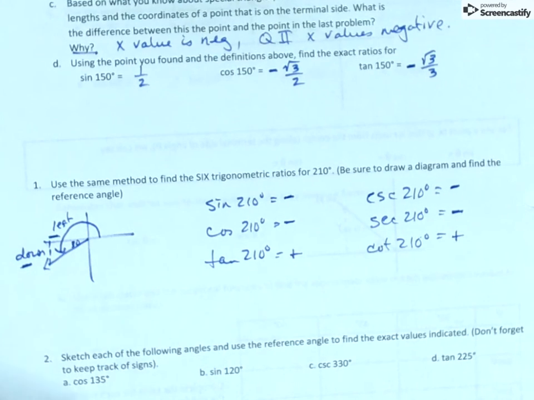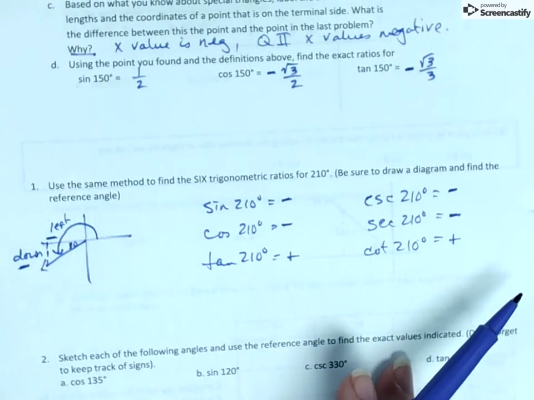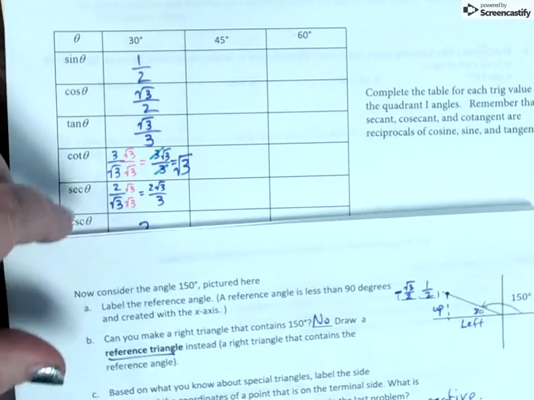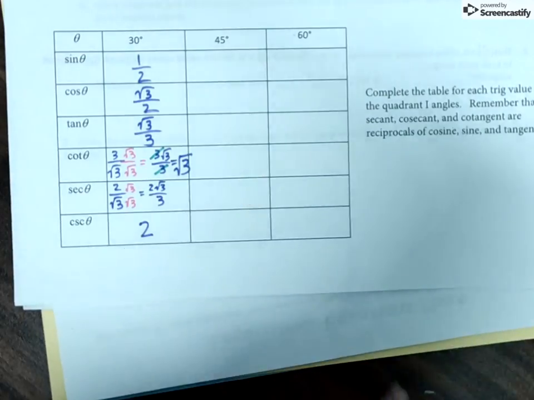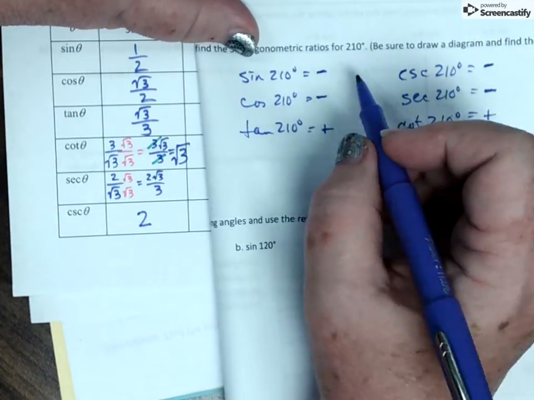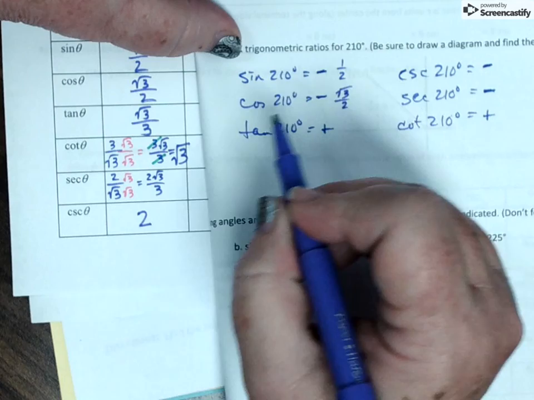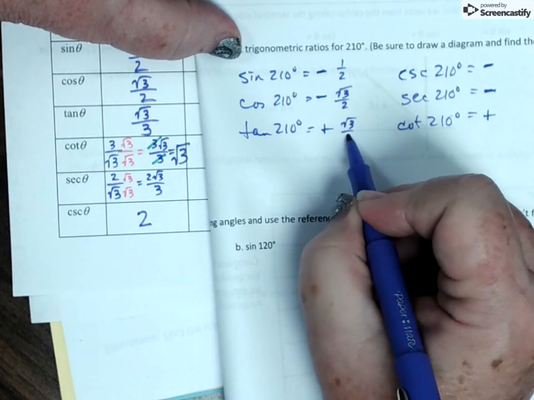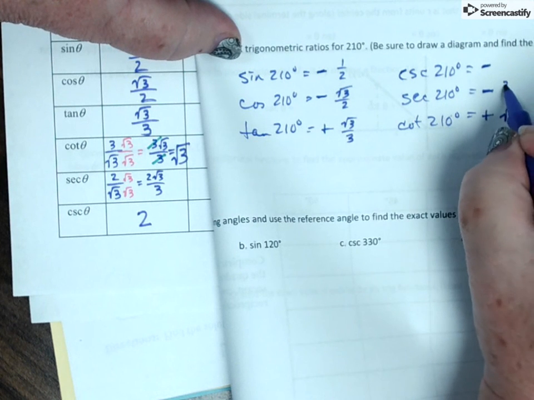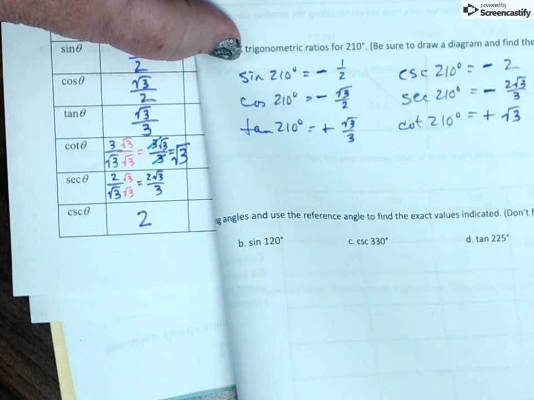Now once I have the signs written down, we simply look at our table, and we are going to copy those values down. So for sine, we're going to put 1/2, cosine, root 3 over 2, tangent, root 3 over 3, cotangent, root 3, secant, 2 root 3 over 3, and cosecant, 2. And we are done.